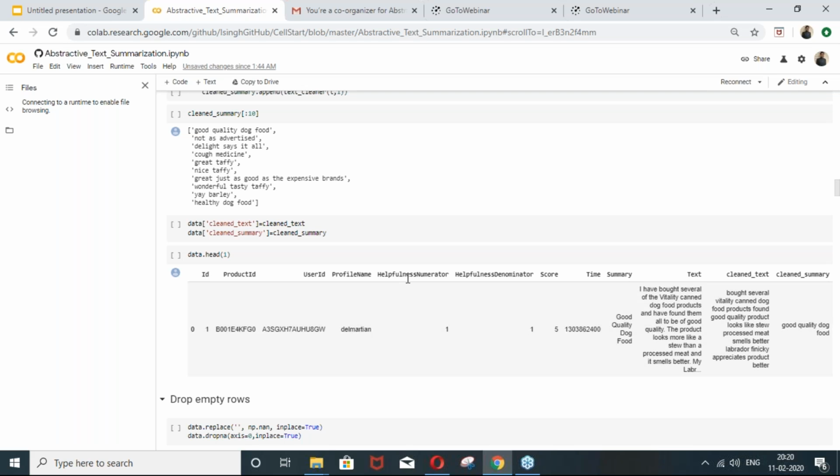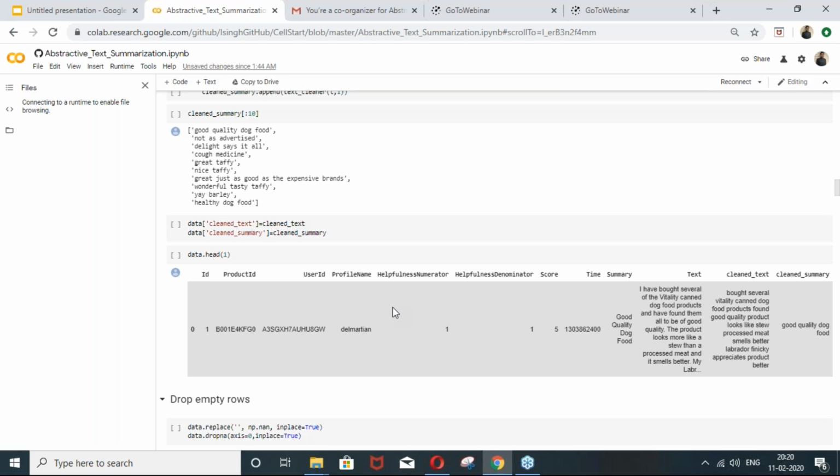As you can see here, this part is the input part: ID, product ID, user ID, profile name, time, summary, text, clean summary. But there are around 88,000 of this data. From that data, we will try to produce our own summary, the summary produced by our model using our concept.